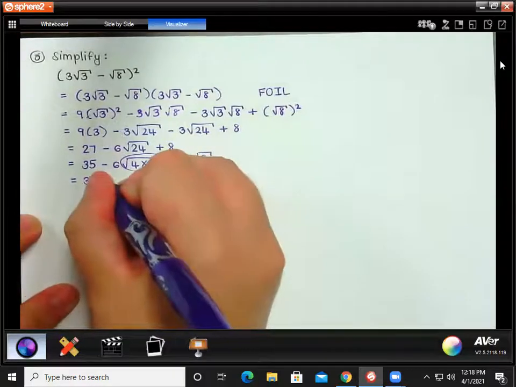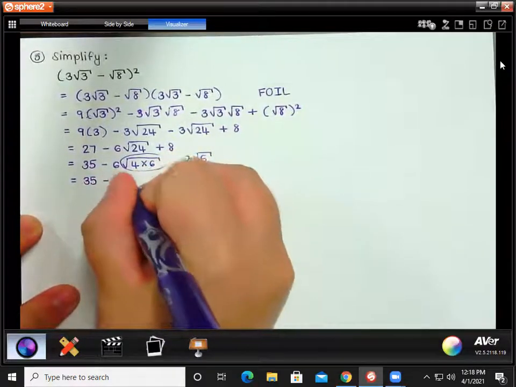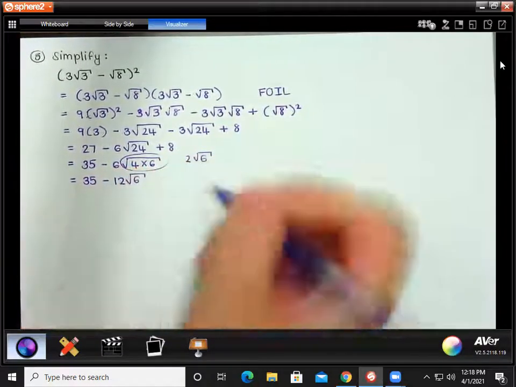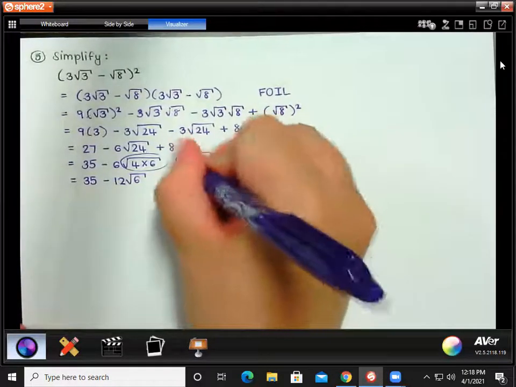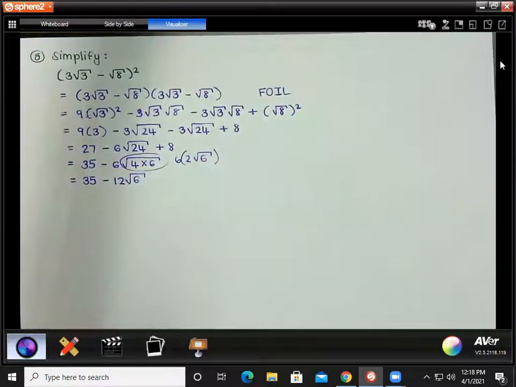So that will be minus 12 root 6. Okay, so see what I'm doing? The square root of 4 times 6 there, the square root of 4 is 2. But I already had a 6 there in front. So this is technically 6 times this whole thing, and that's where that 12 is coming from, because the 6 and 2 you would have to multiply together.